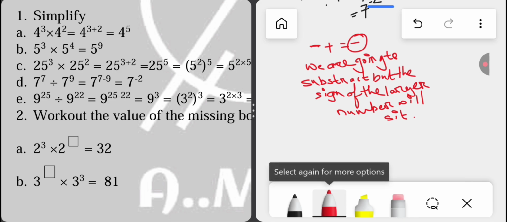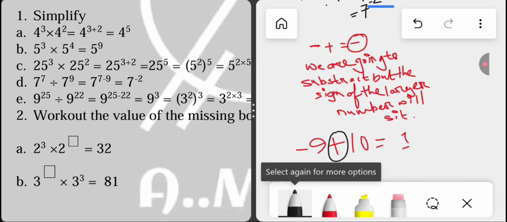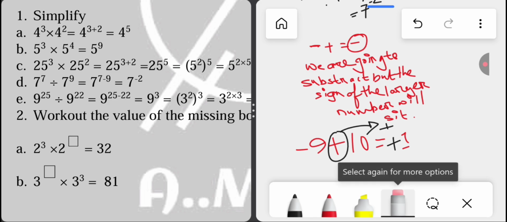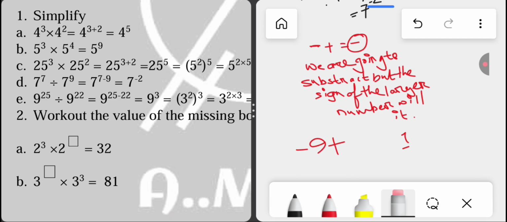Here in this position, minus 9 and plus 10, here it will be 1. We are normally going to subtract 9 from 10, and as 10 is larger than 9 and the sign before 10 is plus, plus is gonna sit, but usually we do not show plus.